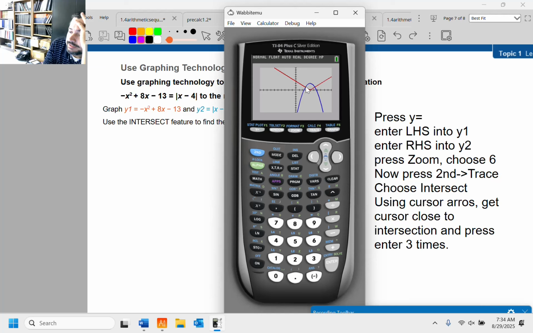And we don't just guesstimate. Instruction says hit second, trace, scroll to 5 for intersect. Now, find your cursor. I'm going to press the right button a couple times till I see it. And once I get close, I'm going to press enter 3 times. So once, twice, thrice. And there's one of my answers.